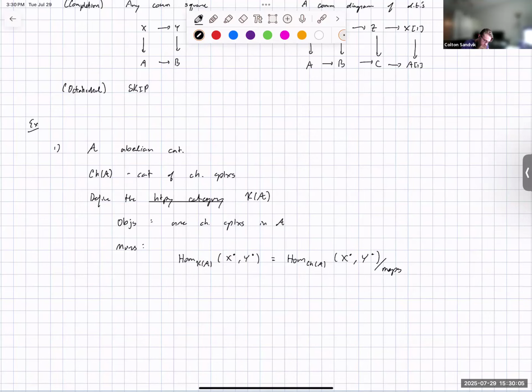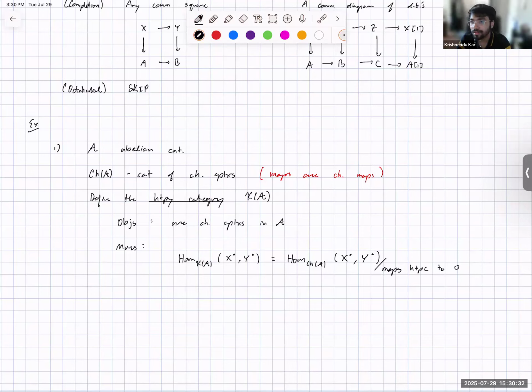So maps homotopic to 0. This should be very analogous to what you might do in topology, for example. And I should briefly specify that in the category of chain complexes, the maps are chain maps, so they commute with the differential.